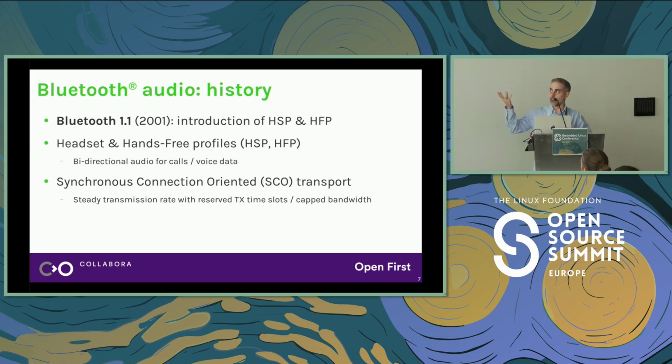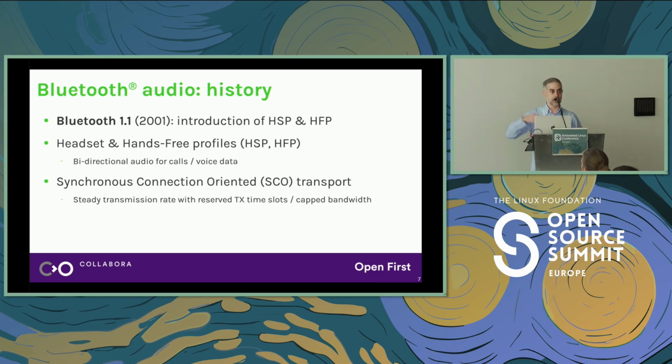And if you know, Bluetooth basically uses time division multiplexing. So there are time slots. So the bandwidth is like divided in time slots. And what the SCO transport achieves is that it gives you some reserved time slots which are meant for these audio data.